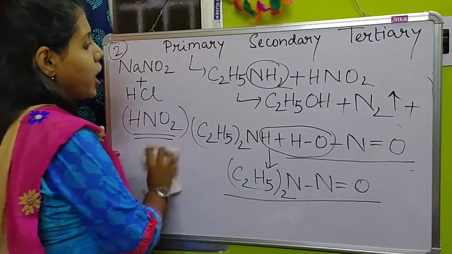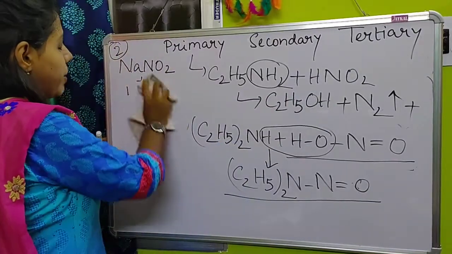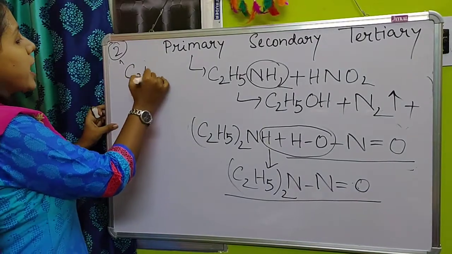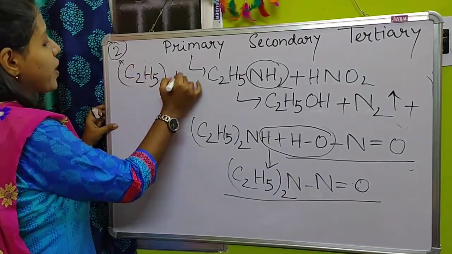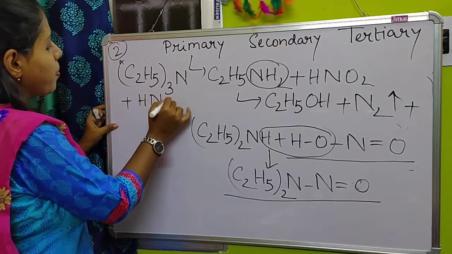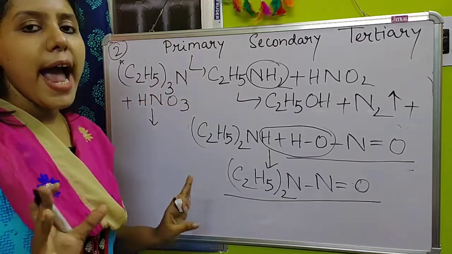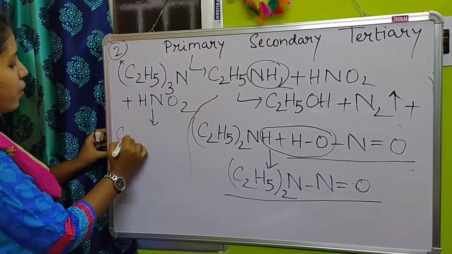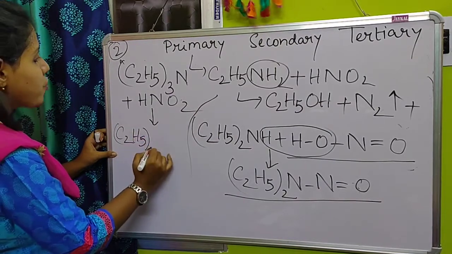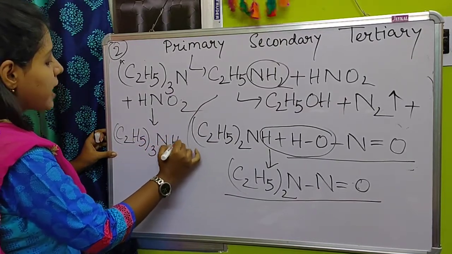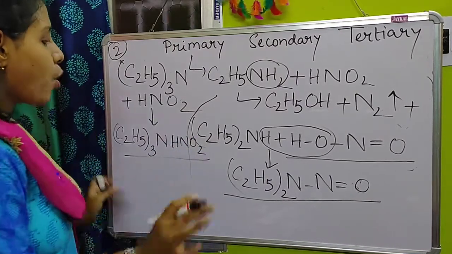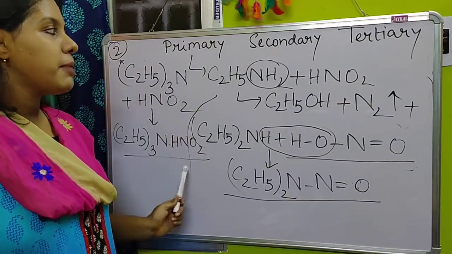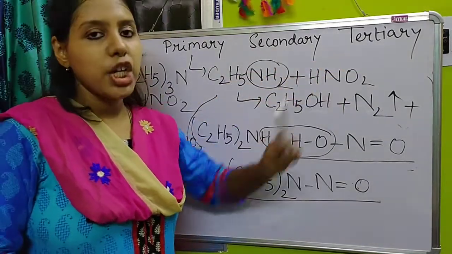And if we do the same reaction in case of a tertiary compound, that is (C2H5)3N plus HNO2, there will be only an addition compound which will make this product (C2H5)3N·HNO2, and no nitrogen gas will be evolved in this case. So by this process we can differentiate between primary, secondary and tertiary amines.